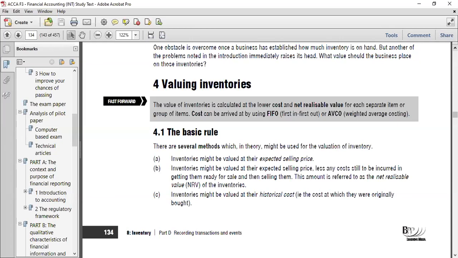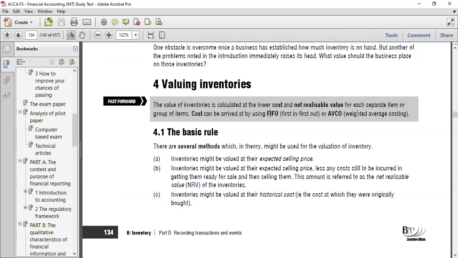Valuation of inventory. So the standard rule is this: inventory should be valued at the lower of cost and net realizable value for each separate item or group of items. And we have two methods that we usually use, which are FIFO and AVCO. We also have another one, which is LIFO, last in, first out, but LIFO has been criticized.